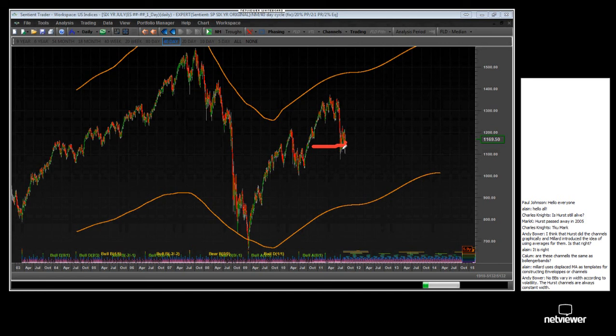Okay, so that's what a single channel is. Now the first thing to know about displaced moving averages is that you are calculating the moving average for a period of time up to and including the last bar, and then you are displacing that point back by half that distance.